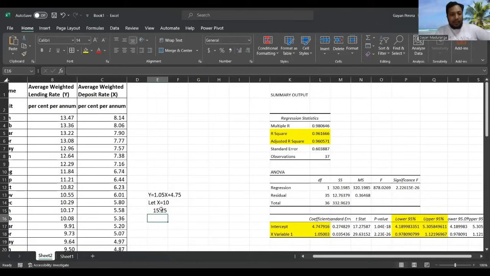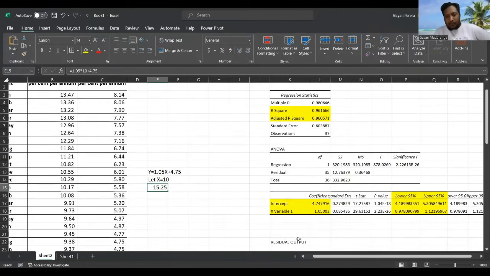If the average weighted deposit rate is 10, then the predicted average weighted lending rate should be 15.25 according to our regression output. What is the confidence level? We are 95% confident. So our average weighted lending rate will be 15.25. This is a single value.